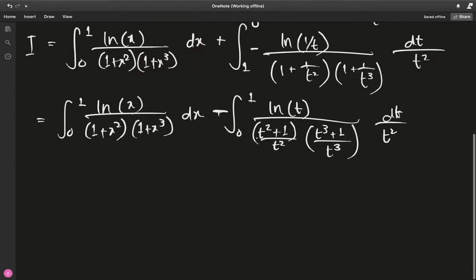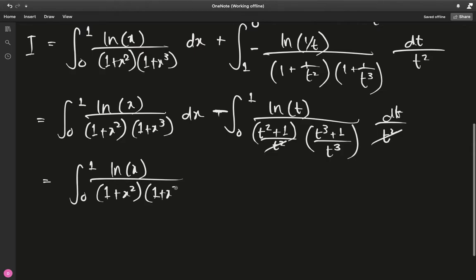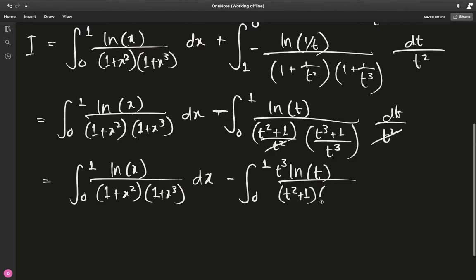So one thing you can notice is this t squared and t squared are cancelling out. So in the end, we just have integral from 0 to 1 of natural log of x over 1 plus x squared times 1 plus x cubed dx minus integral from 0 to 1 of natural log of t, and this t cubed will go on top, we'll have a t cubed, and all the rest is as it is, t squared plus 1 times t cubed plus 1 dt.